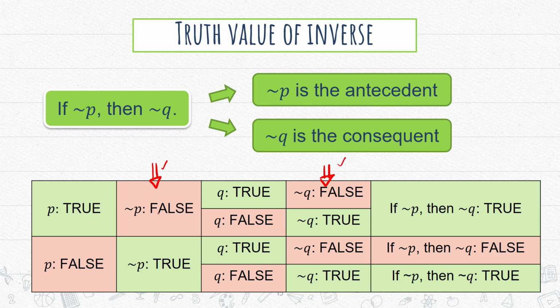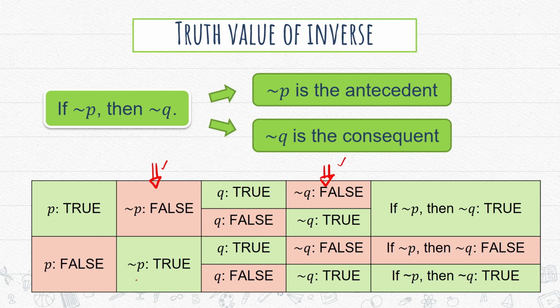Now we take a look for if the negation of P is false, which we know is the antecedent. Then if the antecedent is false, the whole inverse will be true, even if the consequent is false or true, it still will be true.